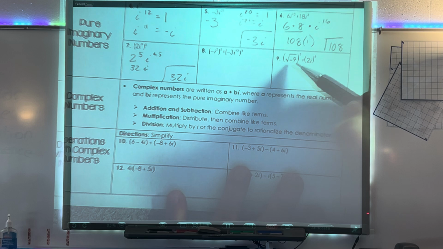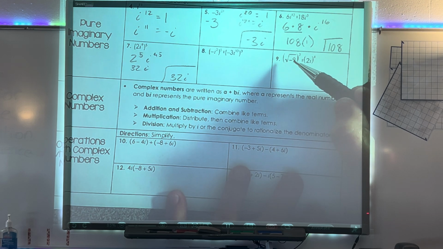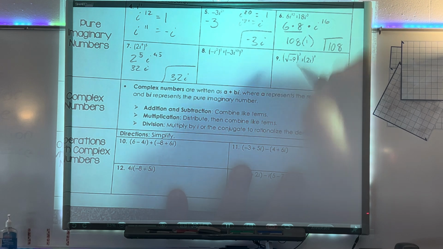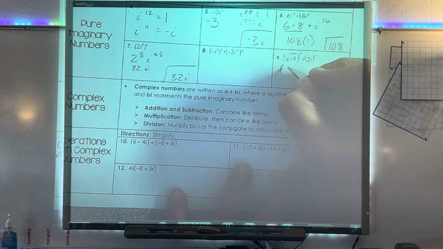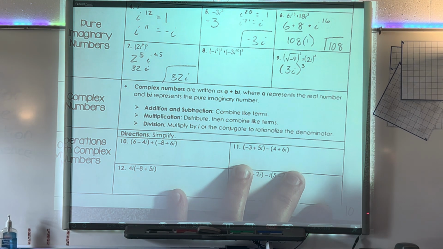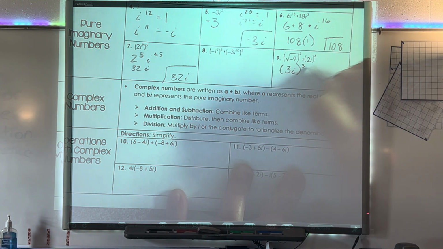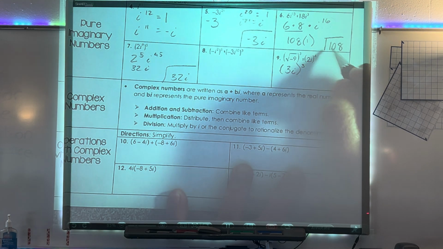Alright, so this I have square root of -9 to the 3rd. So I'm going to take this out of the radical and make it 3i cubed. And then this is still 2i to the 6, so I'm going to leave that over there for right now.